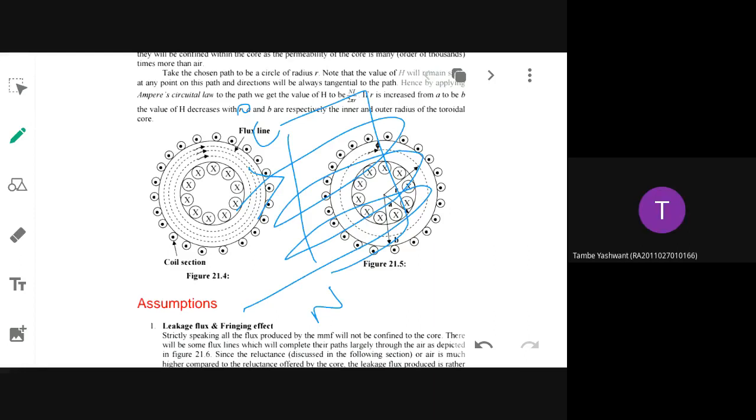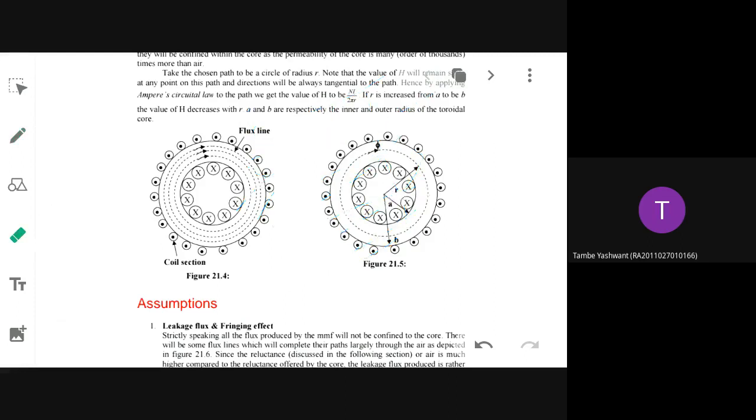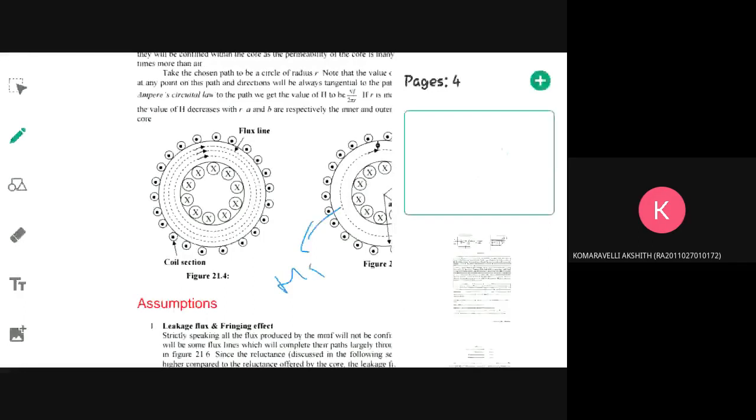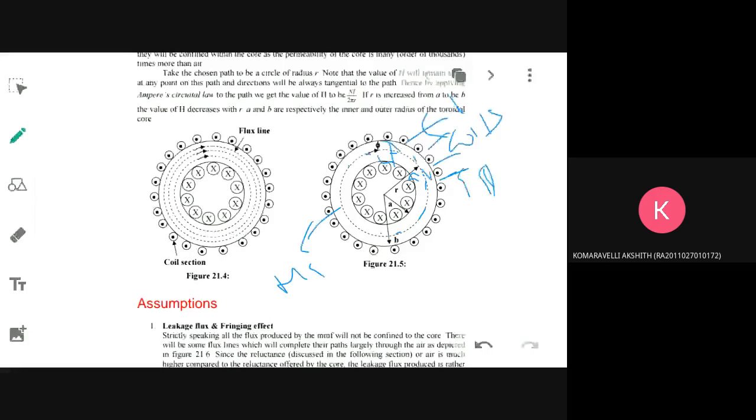Like this, one setup is present in all DC machines. The small dots are coils, and this is your magnetic specimen. When current passes, it sets up flux lines that pass through the air gap to the other part. That is how the principle of action happens for a motoring or generating machine.